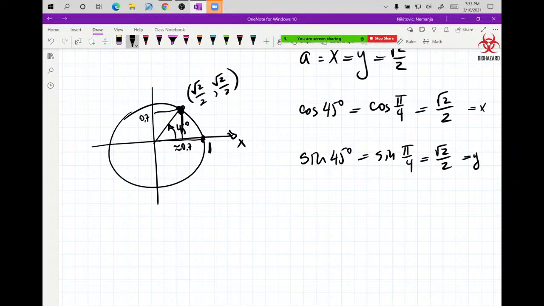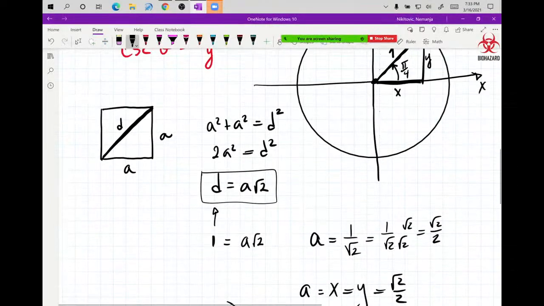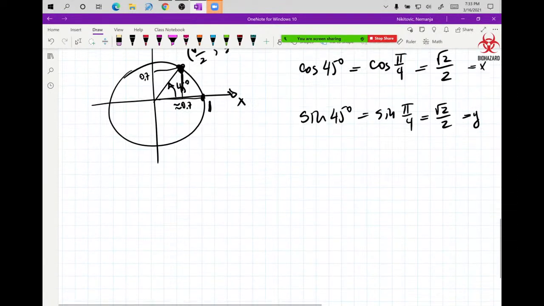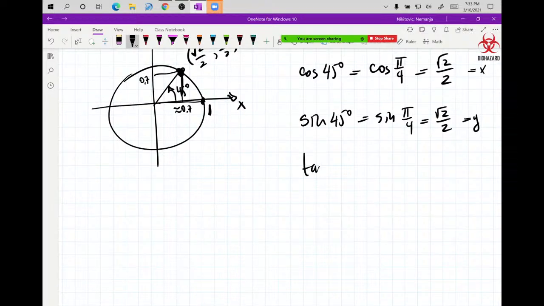So now that I know cosine and sine and I know x and y, well, guess what? I can get all 6 of these. Because the tangent of 45, which is tangent of pi over 4, is going to be 1, and that's going to be root 2 over 2 divided by itself, which is why it's 1.